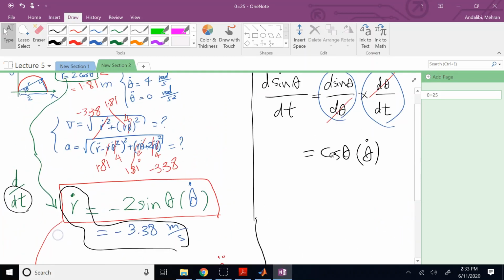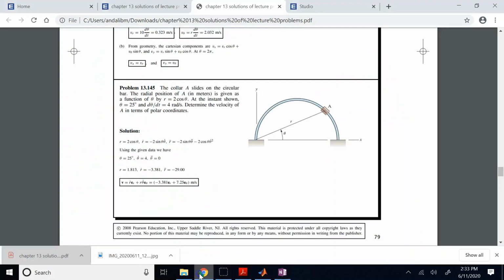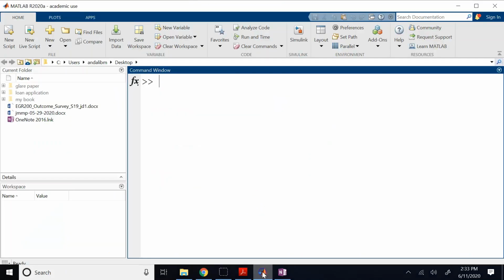So now I can go back here, and wherever I have r double dot, it's -29. And now all I need to do is use my calculator and calculate the magnitude of V.